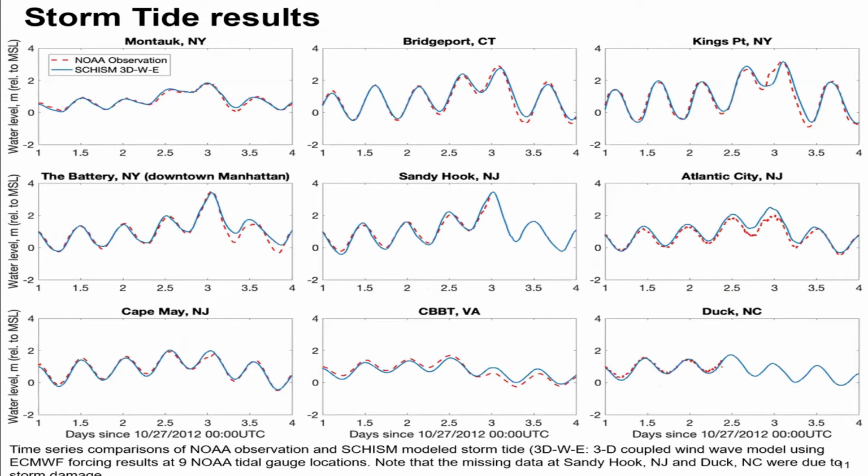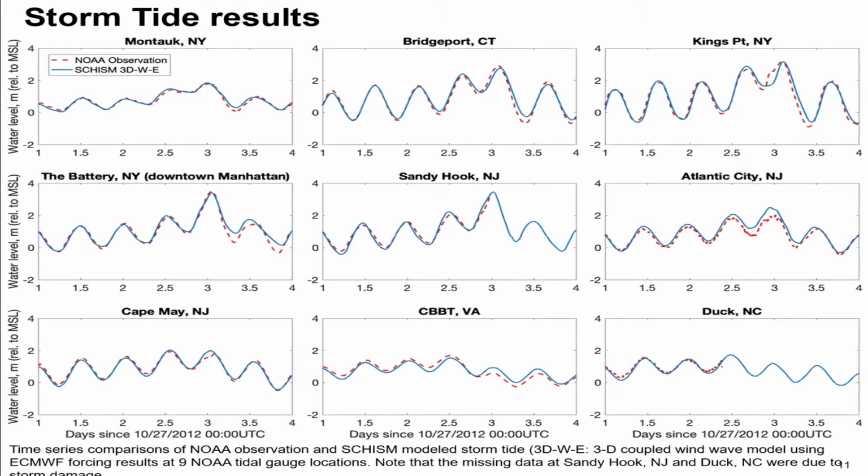We use the red as observation and blue as SCHISM modeling, and that is 3D-W-E, which means using three-dimensional formulation barotropic model, W means coupling with a wind wave model, and E means ECMWF. This is the best simulation we were able to get.